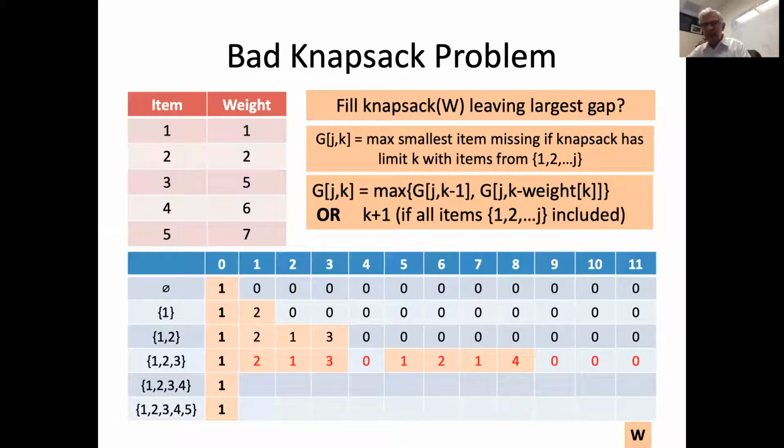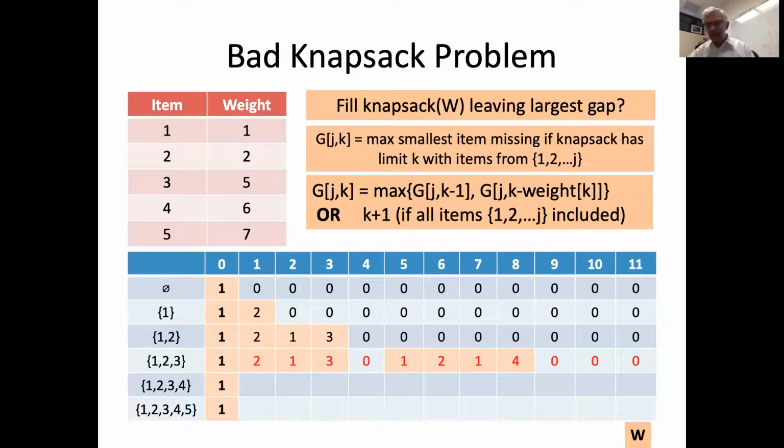I would not be taking the second item because I've already filled it up. Whereas if I look at column 8, I would have to take all 3 items, 5, 2, and 1. They would add up to 8. I filled it up to capacity, and the smallest numbered item that's missing is number 4.